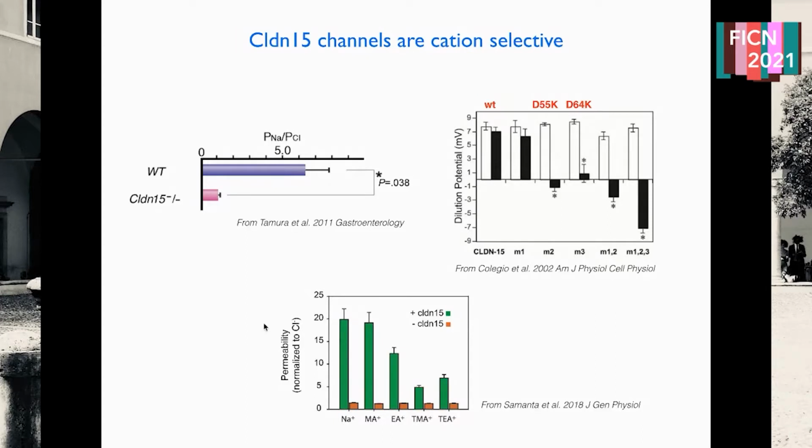Here I'm showing results from experimental papers by other groups, where they show that the permeability for sodium is higher than the permeability for chloride for these systems, and that this cation selectivity is actually due to the presence of the negatively charged residues at the center of the pore. As you can see here from dilution potential measurements, when aspartate 55 is mutated to a lysine, the dilution potential is actually inverted.